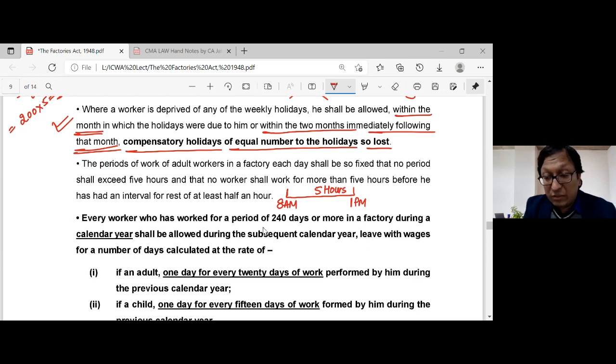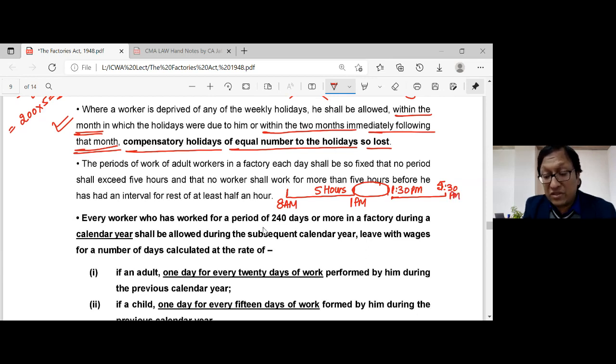Now you need to give him a break. That break will be a minimum of half an hour. So the person will start work again at 1:30 p.m., and then you can have him work for 4 hours, that is until 5:30, when he will leave.